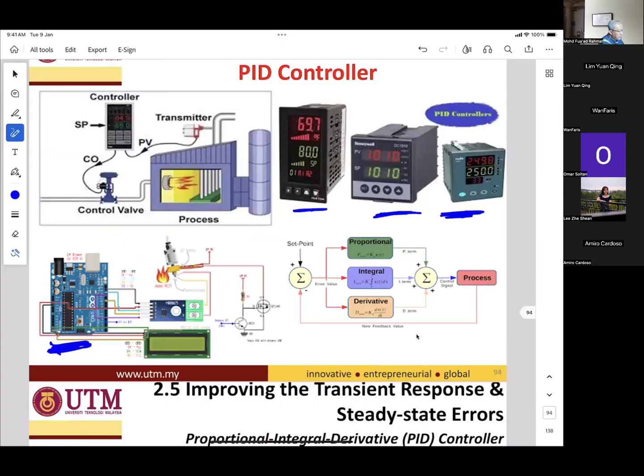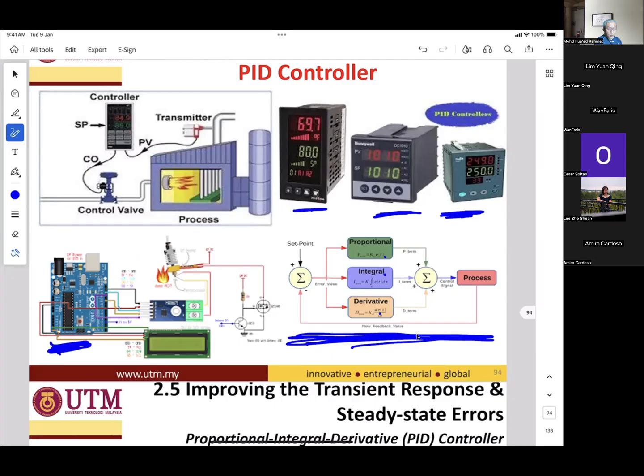Basically, it fulfills the block diagram of the PID controller as shown here. When you see this block diagram, proportional, integral, and derivative in parallel connections, meaning that it is a PID control, and the function of PID control is to improve the transient response and to improve the steady state error, or to make the response fast and to make the steady state error 0 simultaneously.